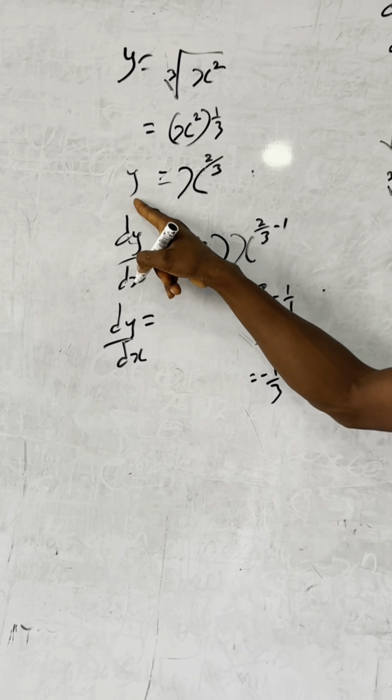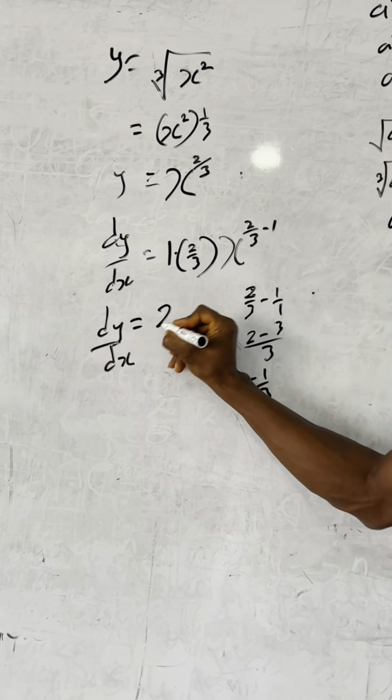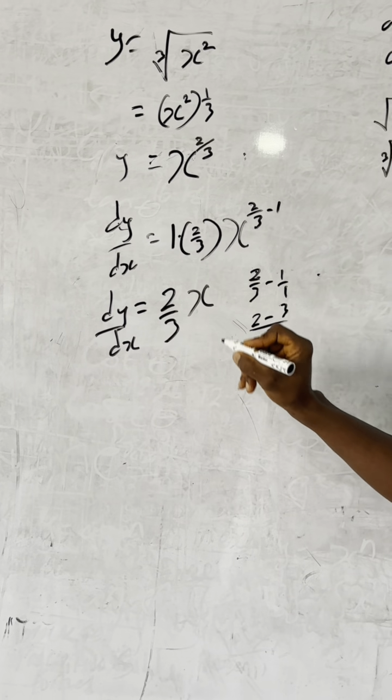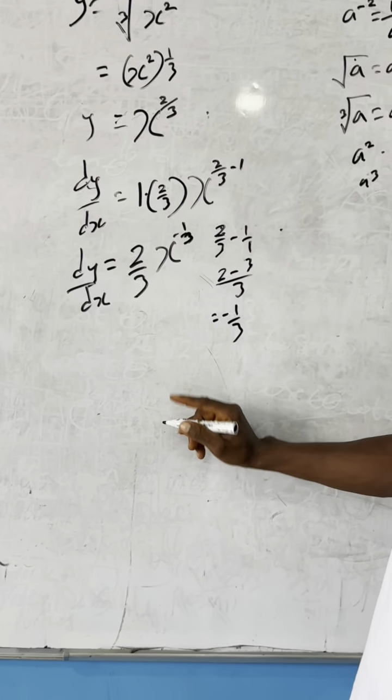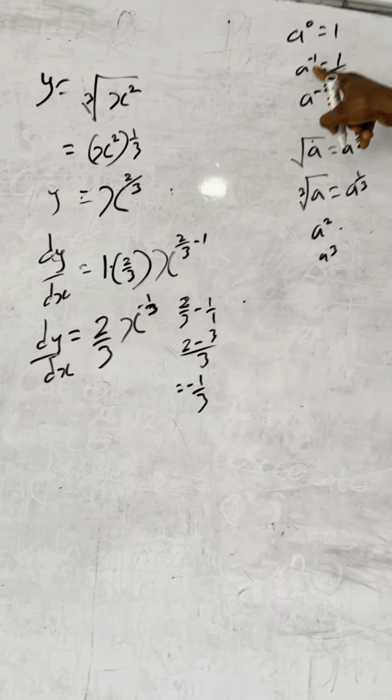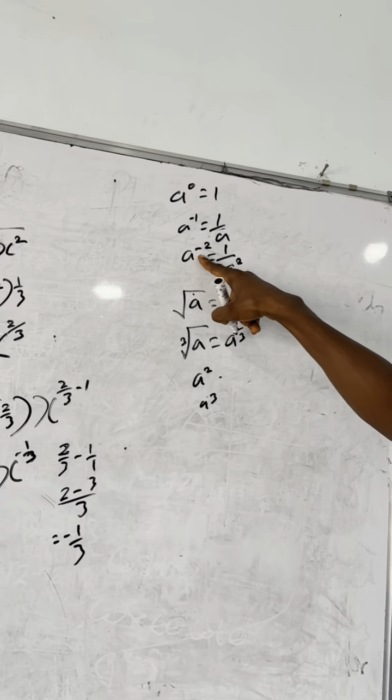differentiating y with respect to x. Differentiating y with respect to x gives you 2 over 3 x raised to power minus 1 over 3. And anytime you see minus, as I told you earlier, minus means 1 over.